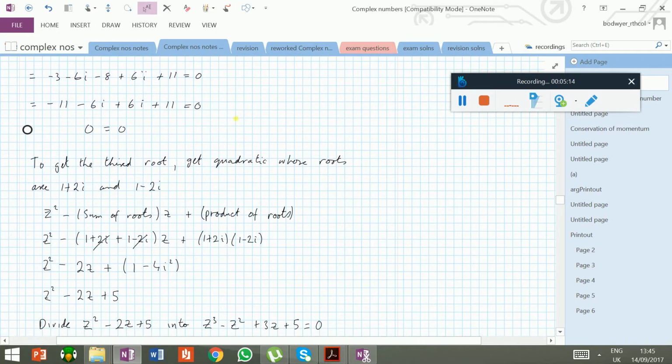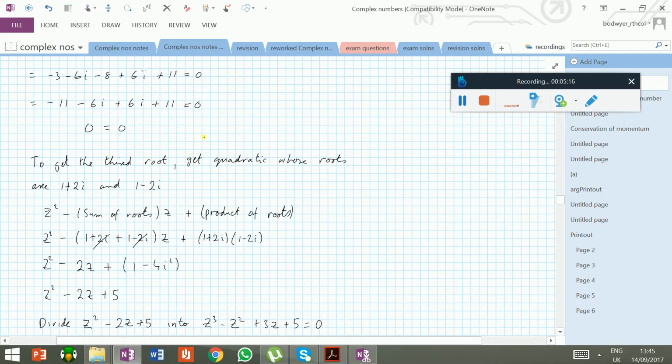Now, to get the third root, what you've got to do is first get the quadratic equation whose roots are 1 plus 2i and 1 minus 2i, and that is done by using the formula z squared minus the sum of the roots times z plus the product of the roots. So we're just looking for a quadratic in that equation. Sum of the roots is you add 1 plus 2i and 1 minus 2i. That becomes 2, so it's a minus, so it becomes minus 2z.